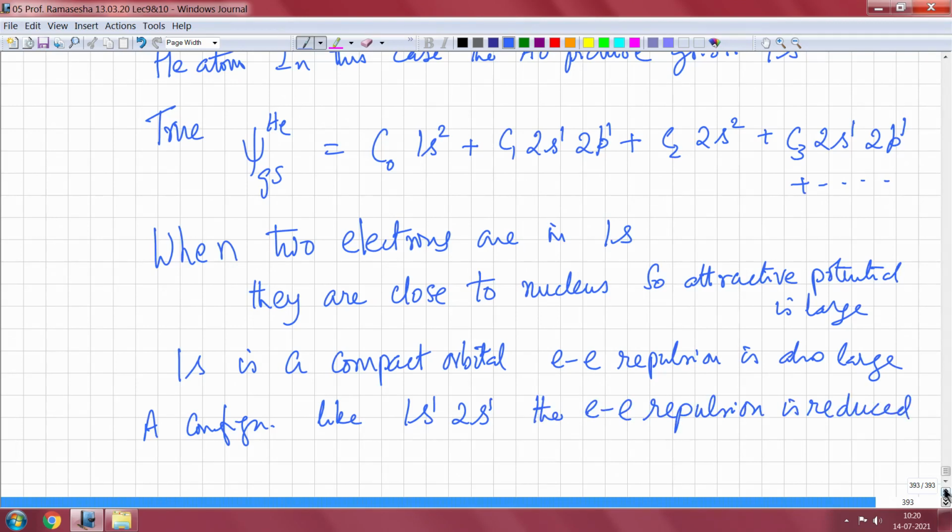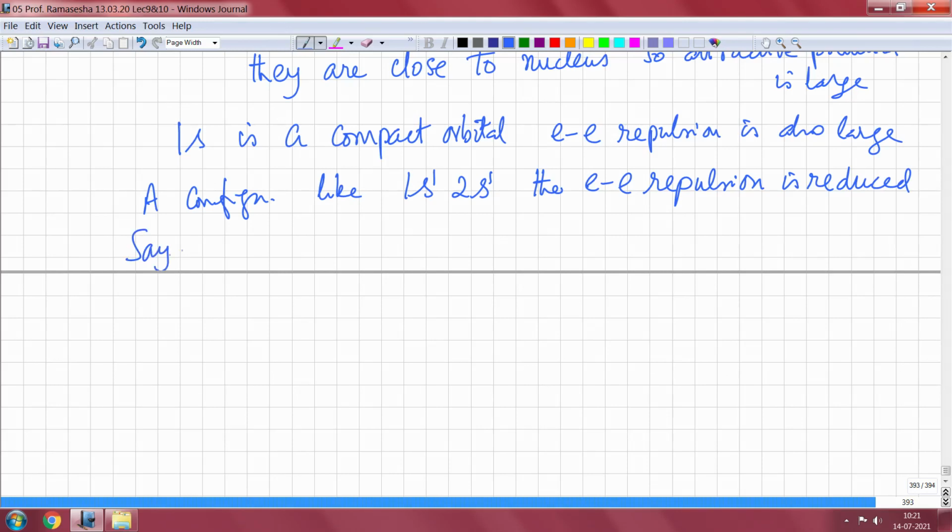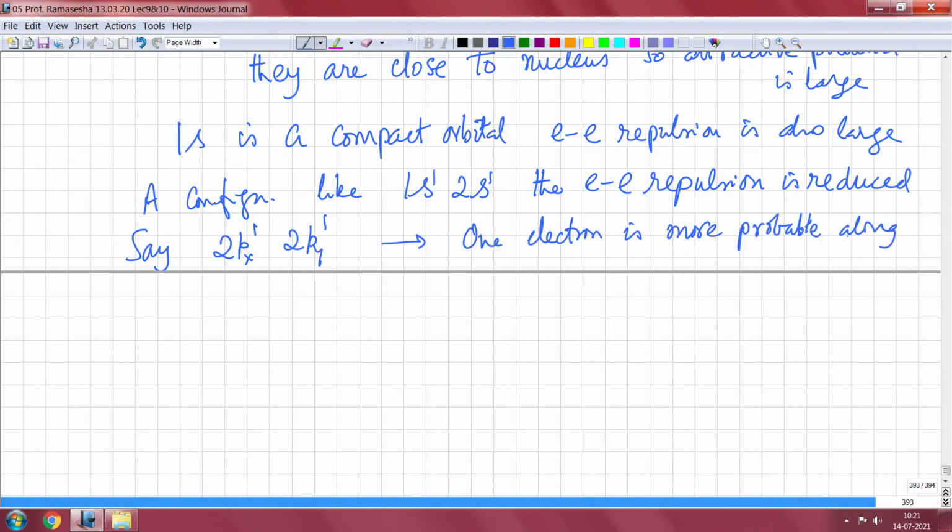Similarly, if you put one electron in 2px orbital and another electron in 2py orbital, let us say the configuration is 2px1, 2py1, then what happens is one electron is more probable along the x direction, and another has a larger probability along the y direction.